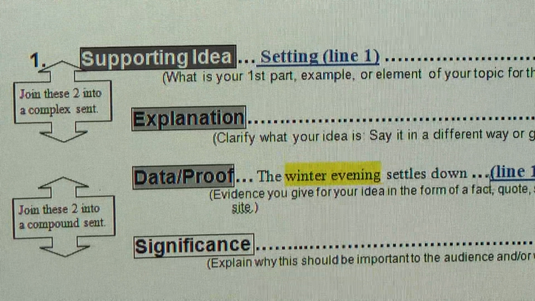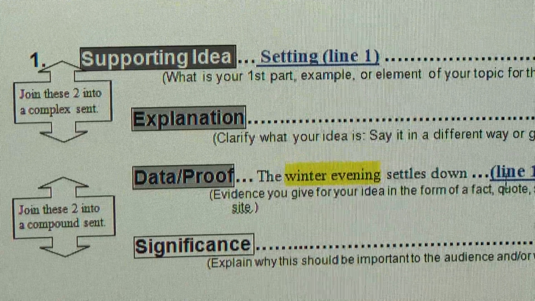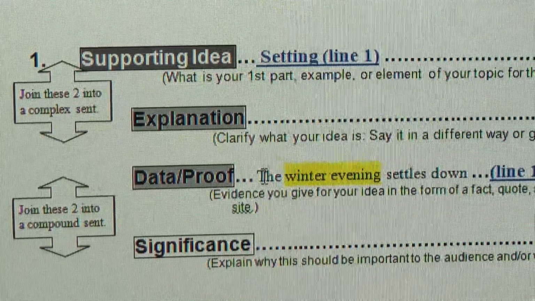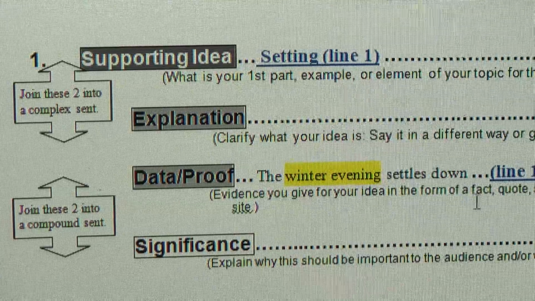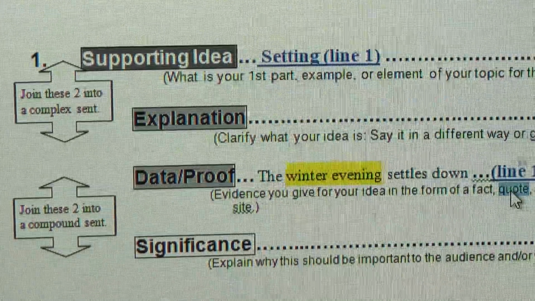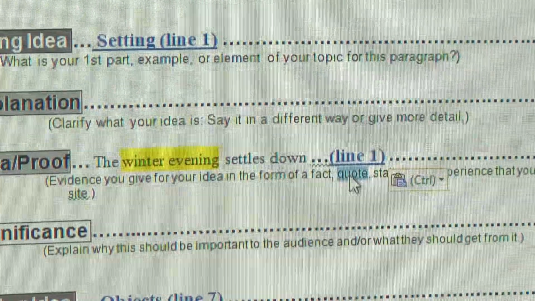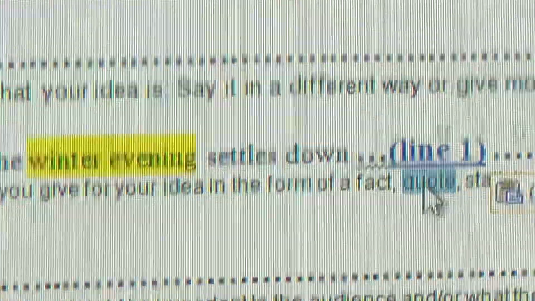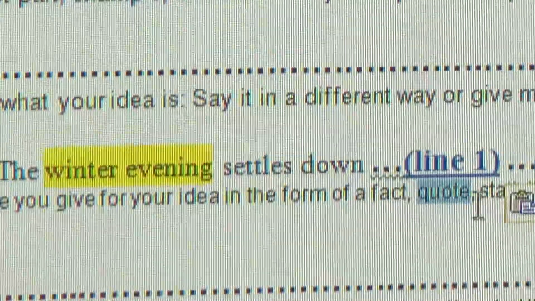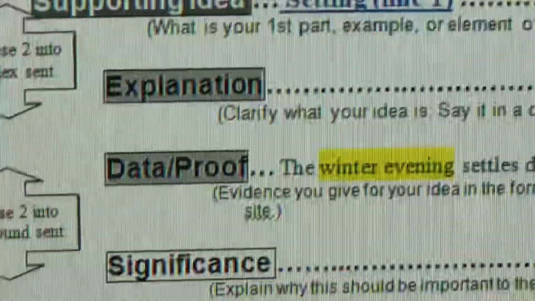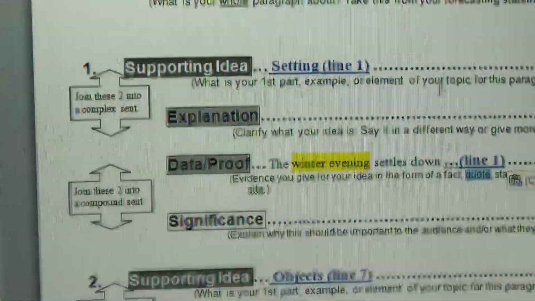So here's my quote, there's my line number. If I need to, I can put quote marks around it to make sure I know that that's a direct quote. You notice right here, it's stating that this is where my quotes go. But I know that that's that way.